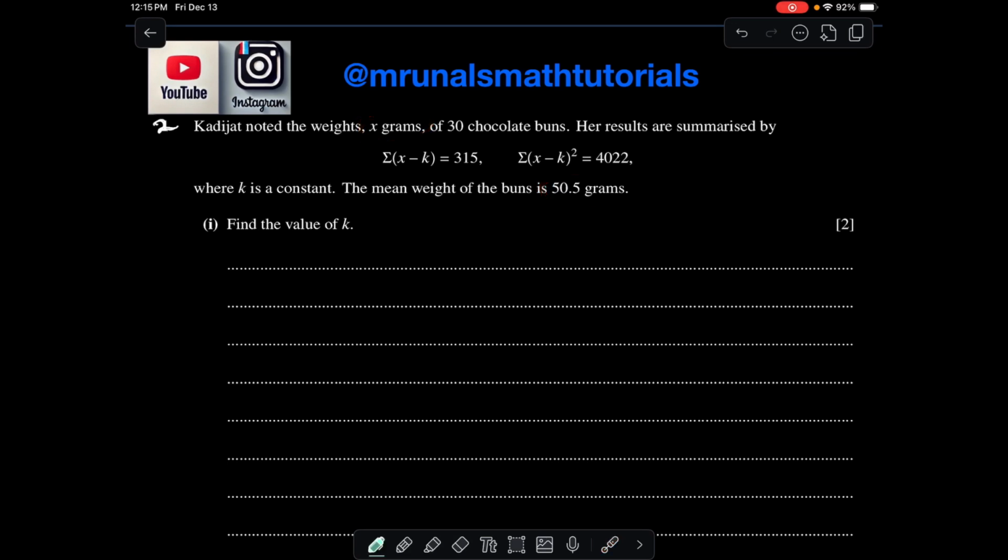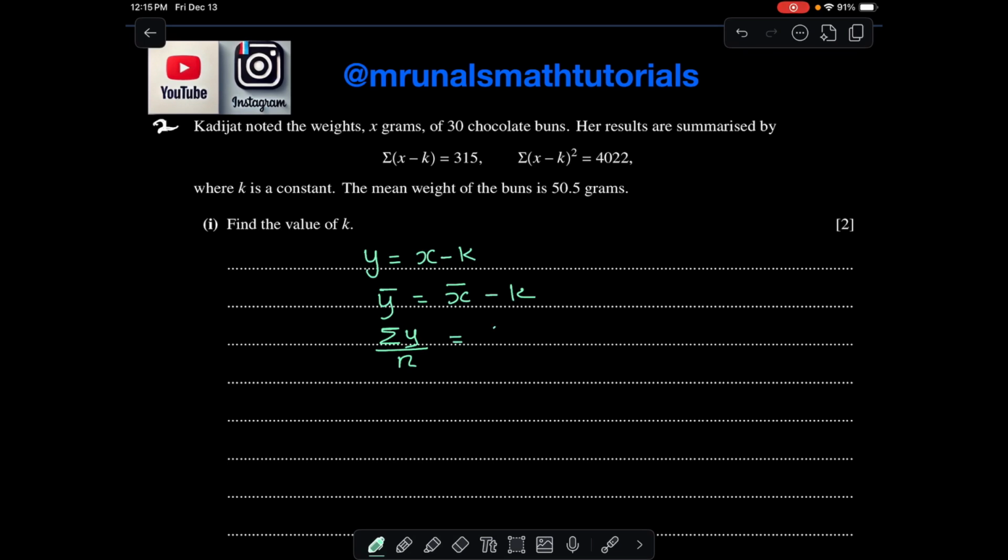So now let's write down what the coding is. Let us represent y equal to the coding which is given to you, which is x minus k. Then mean of y would be mean of x minus k. So here mean of y would be sum of y divided by n.